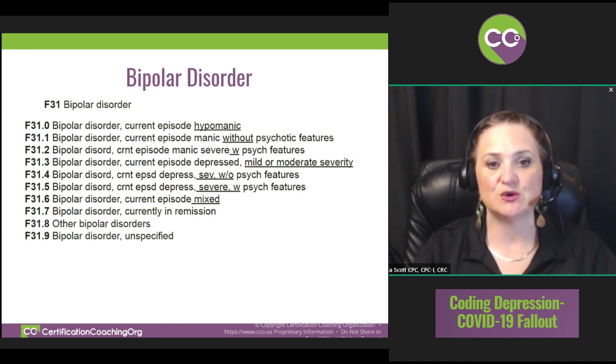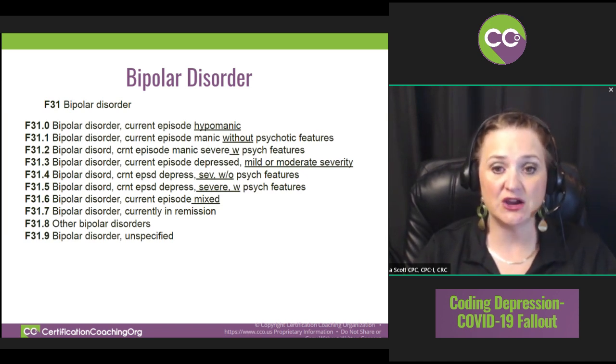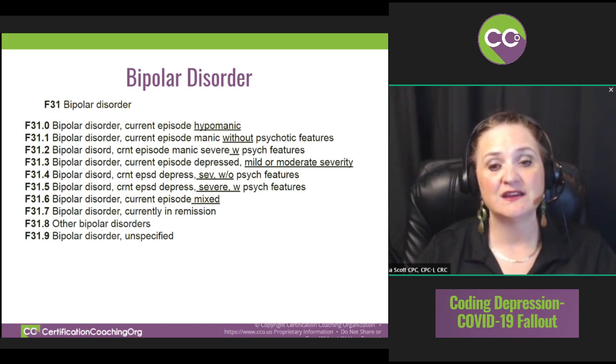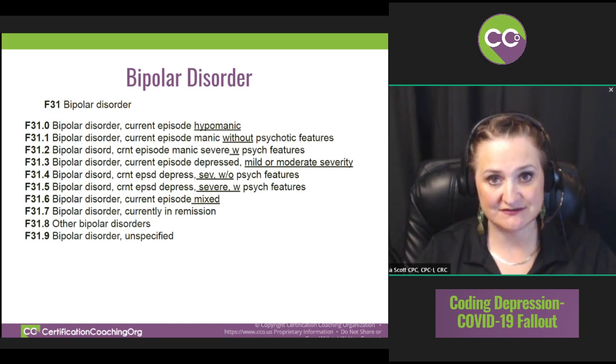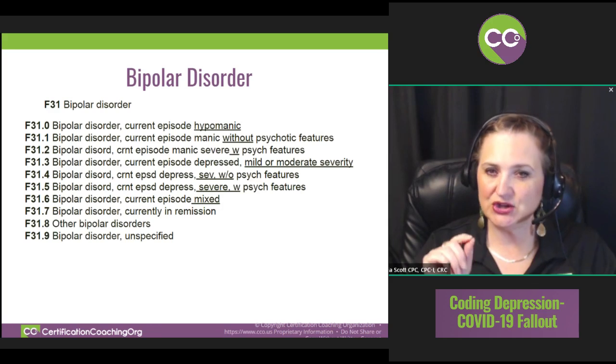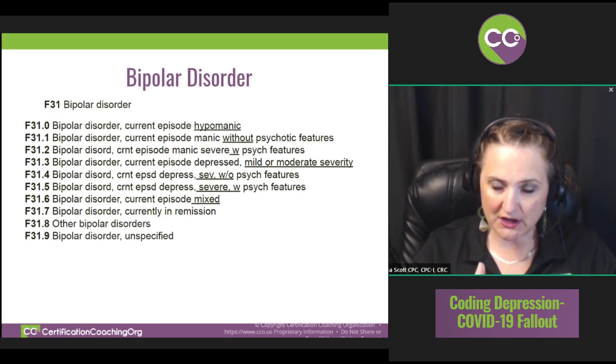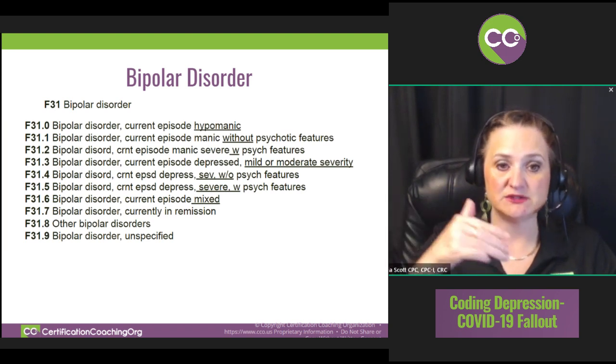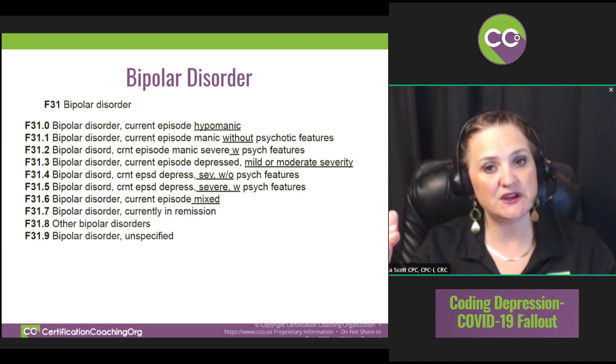So we have a severe episode with psychotic features. Okay, so just because it says psych, notice usually what they do is start mild and go up. So as the number goes up, more severe.